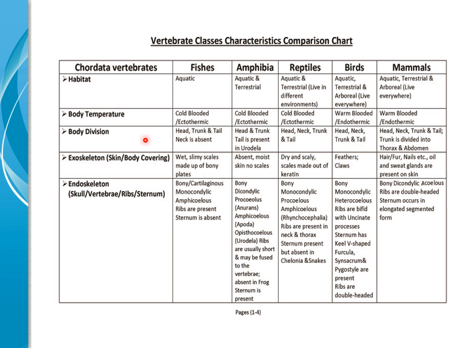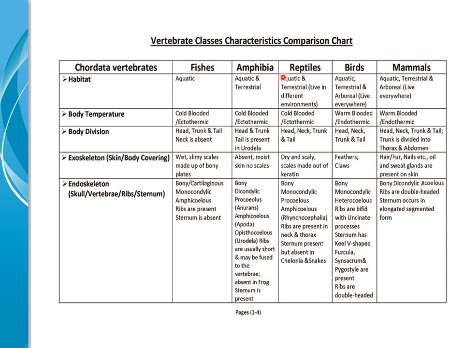They also live everywhere. The next characteristic feature is body temperature. Based on the ability to maintain the body temperature, the different classes of vertebrates are categorized as ectothermic or endothermic.